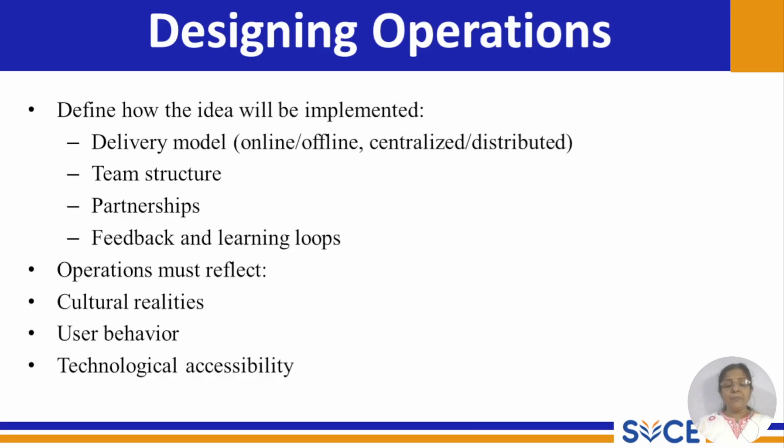And then we have to implement it and we need to get the feedback, and from the feedback we have to learn what is working well and what is not working well. So we need to connect all these dots. So the operations must reflect cultural realities, user behavior, and technological accessibility. So this should be reflected in our activities.